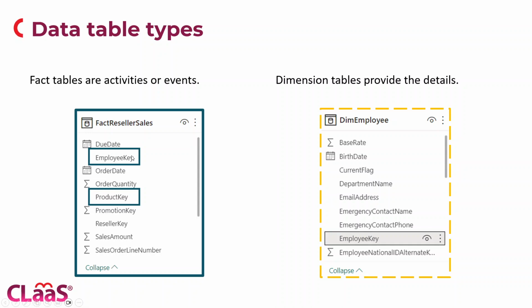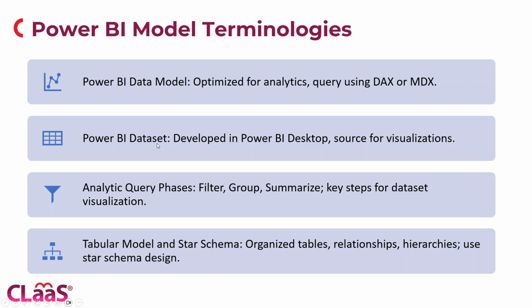This is the person who completed the sale, the salesperson. But this is only the identity or the key of the employee. So who the person is, the address, the email, the contact, is stored in the dimension employee. This is a fact. So dimensions surround the fact table.